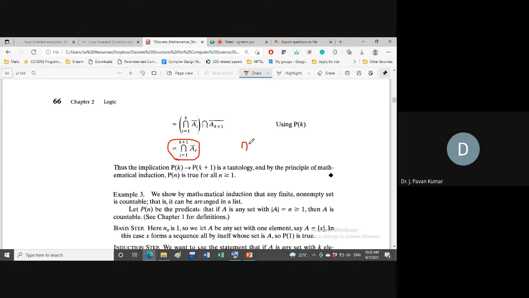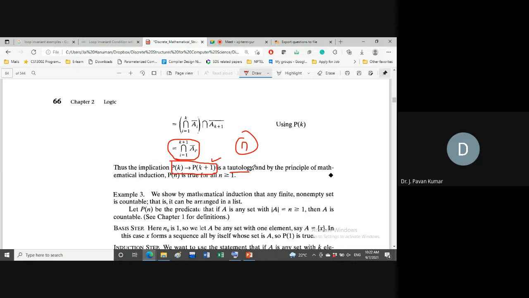Yes, sir. Okay, so like this we can prove that P of k plus 1 is true, in the sense, whenever P of k is true, then P of k plus 1 is true. So if you consider the truth table, we will be getting the tautology.